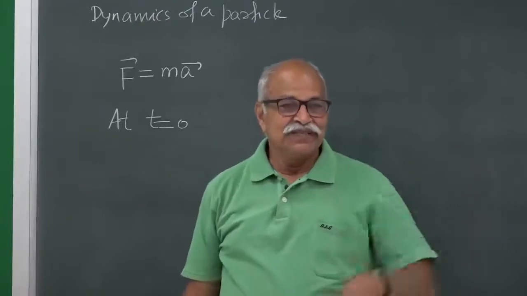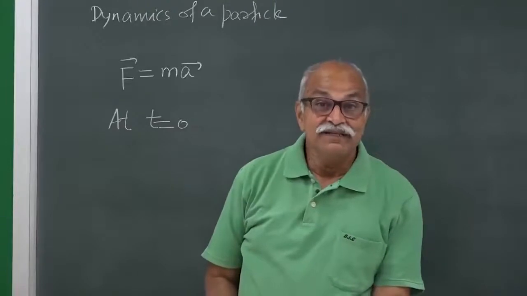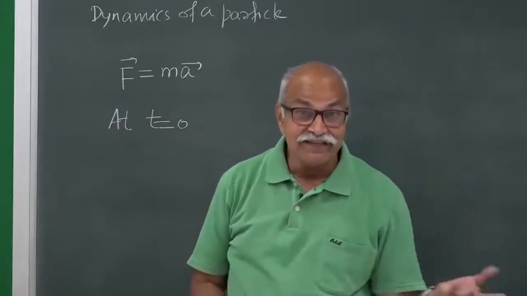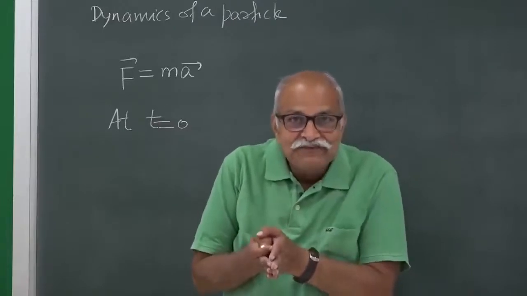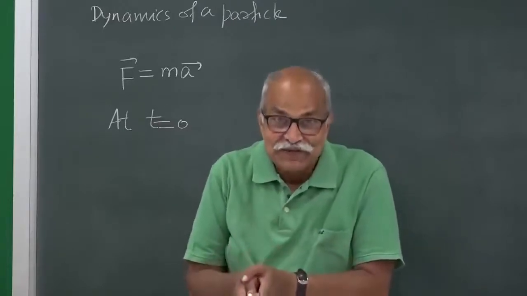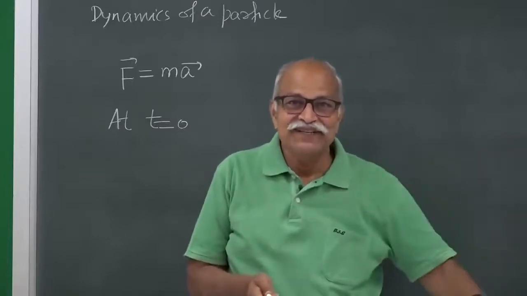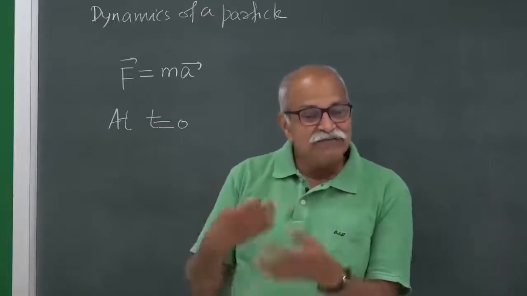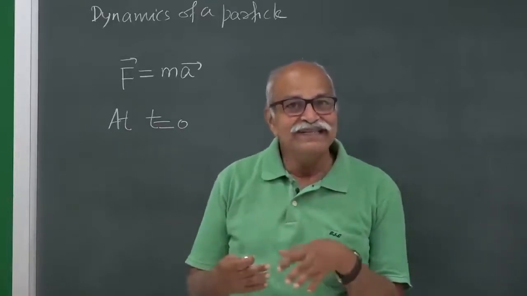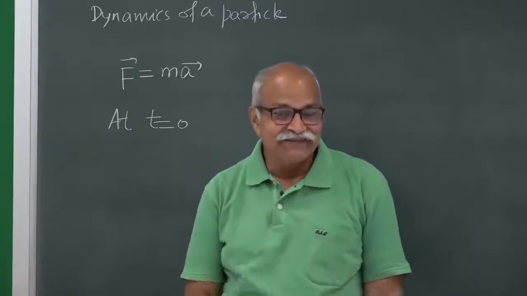So, in some questions if you get a negative value of t, that does not mean that it is unacceptable or unphysical. It is before that instant which you call t equal to 0. Before that also the motion was there, the particle was there, the forces were there and everything was there. So, if you solve a question and you get t as negative, that does not mean that it is unphysical.